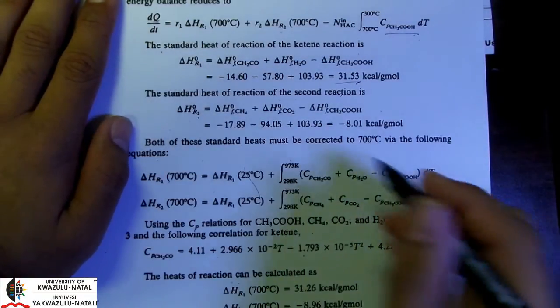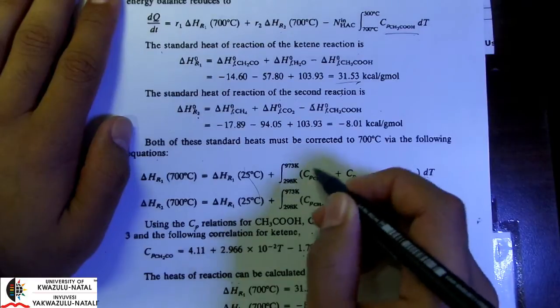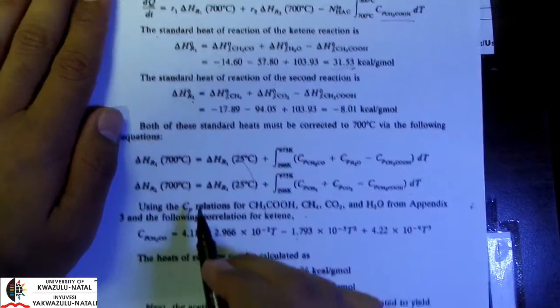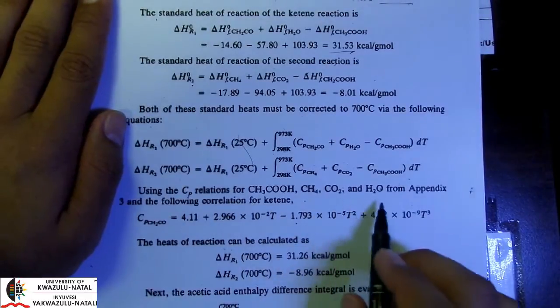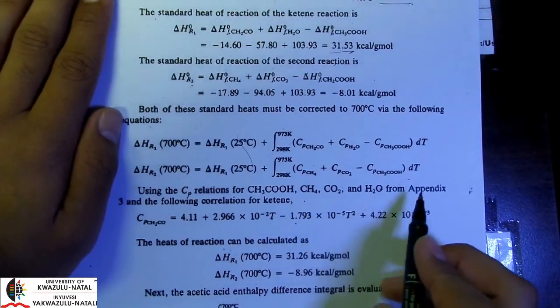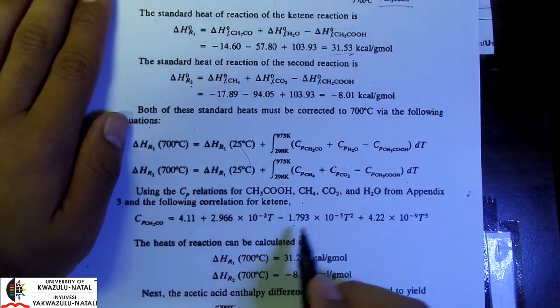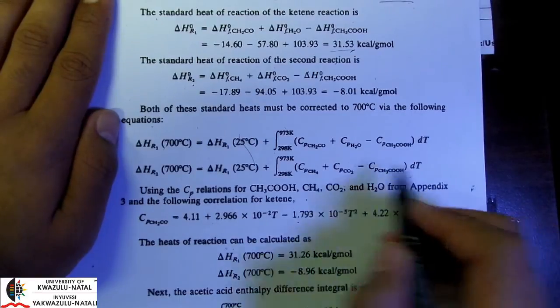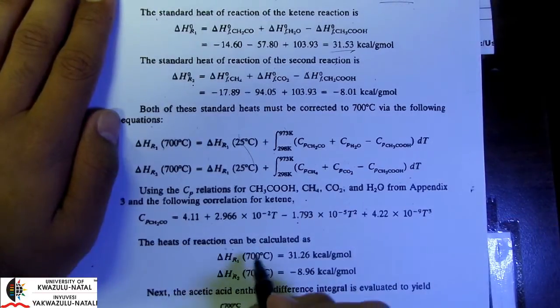Okay, now thereafter it's simply a case of retrieving my heat capacity coefficients. Okay, so using my Cp relations for all of my species, I can ultimately solve for these integrals and thereafter ultimately solve for my heats of reaction.